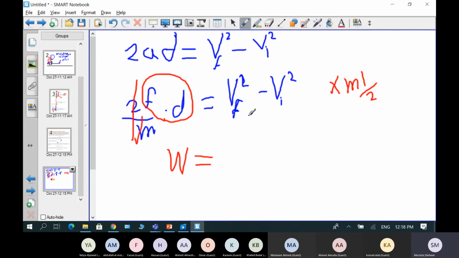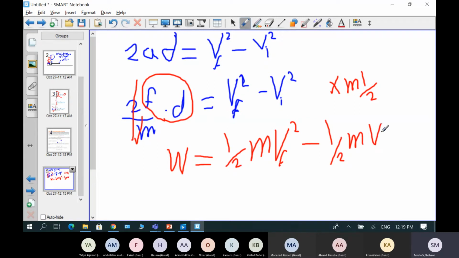And in this term we'll have half m v final squared minus half m v initial squared.